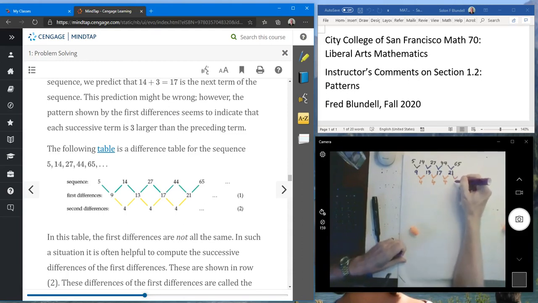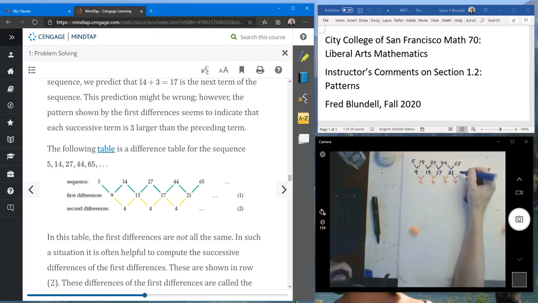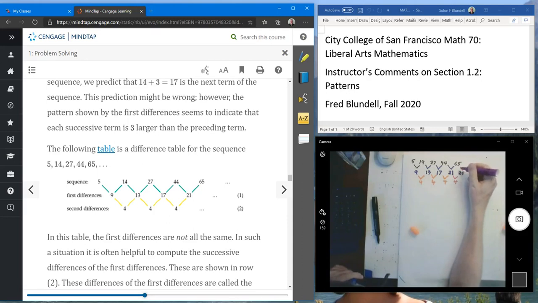I just predict it's going to be 4 on the third row, and then on the second row that's going to be 25, and then our next number in the sequence, we think that's going to be 65 plus 25 is 90. So we think we've got the pattern.